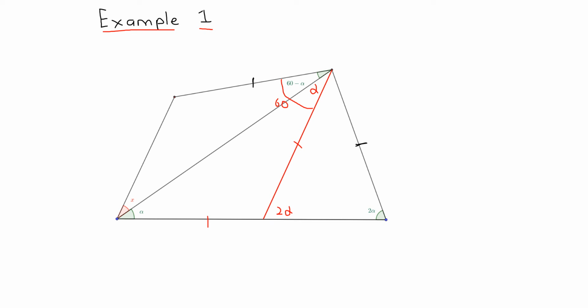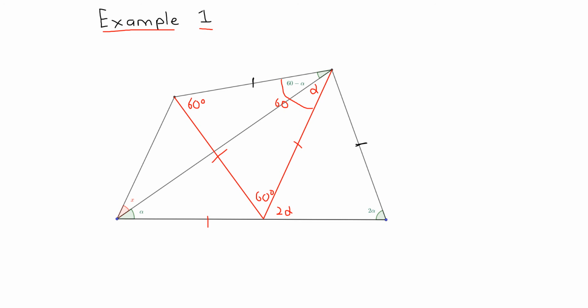Have a look. I join this to this, and I go, well, these two are equal, and this is 60, so that means this and this are equal because it's an isosceles triangle here and here. But if this is 60 and these are both equal, well, obviously this is 60 and this is 60, and because it's isosceles, this is equal as well.